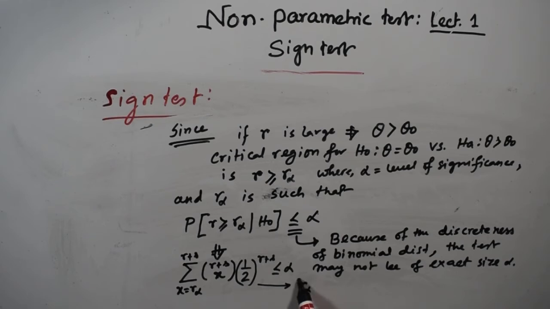You can find this r alpha from a binomial table, or you can use statistical software.